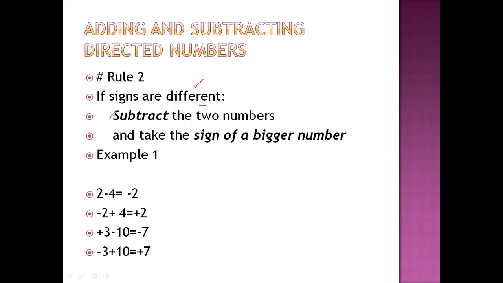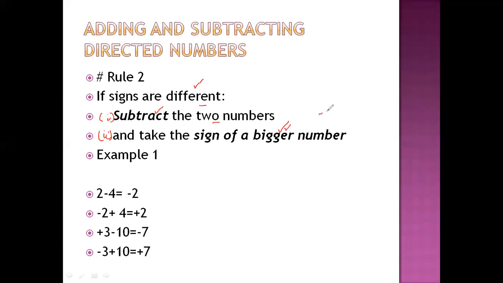Step number 1, or part A. Or just write Roman numeral 1 and Roman numeral 2. I think that can also help you to understand better. We subtract. If you find that the signs are just different, you just subtract the two numbers. You work in pairs. Then you take the sign of the bigger number.